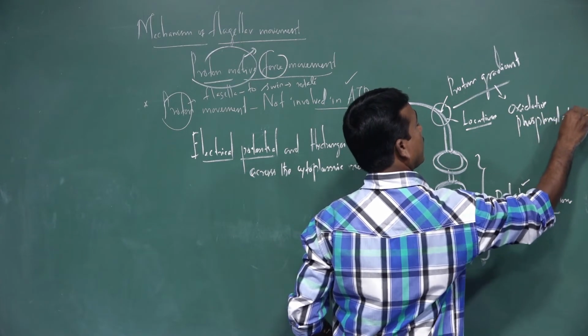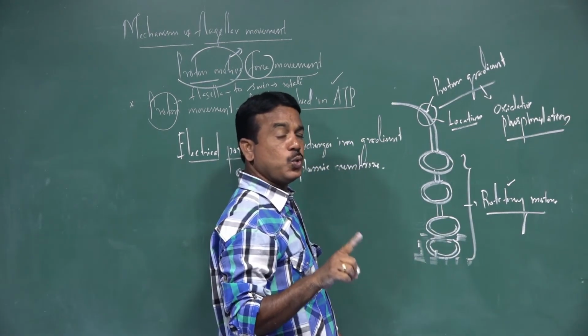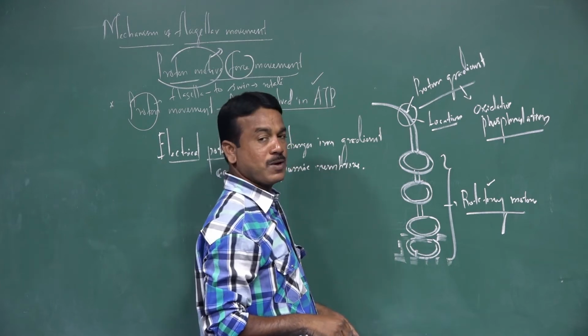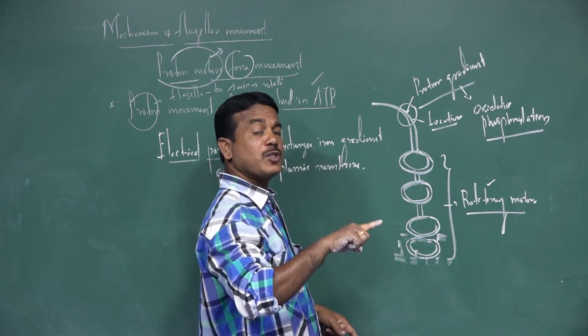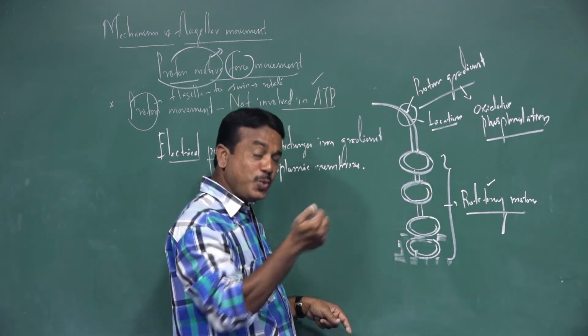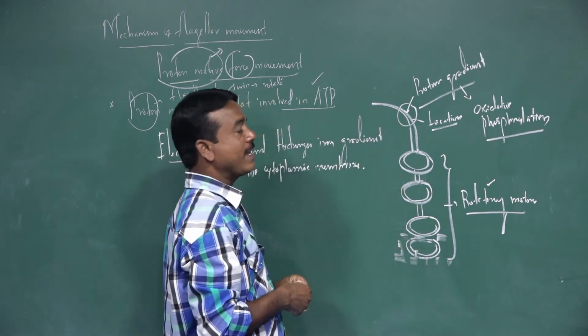What do we mean by oxidative phosphorylation? It is the phosphorylation that takes place during the electron transport chain. Through oxidative phosphorylation, the flagellum receives energy from the proton motive force, or proton gradient.